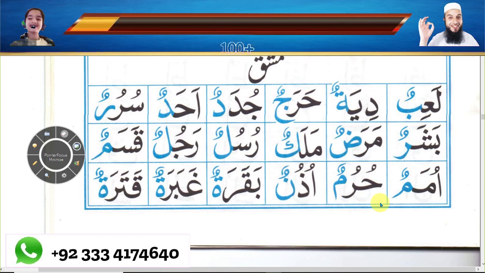Ba zabar ba, qa, ba. Ra zabar ra, qa ba ra. Ta tu pesh tun, qa ba ra tun.